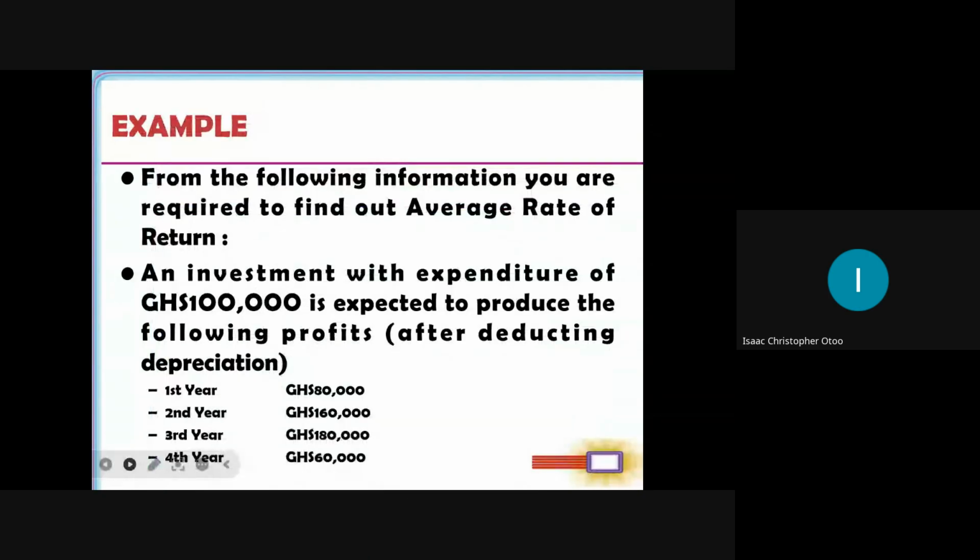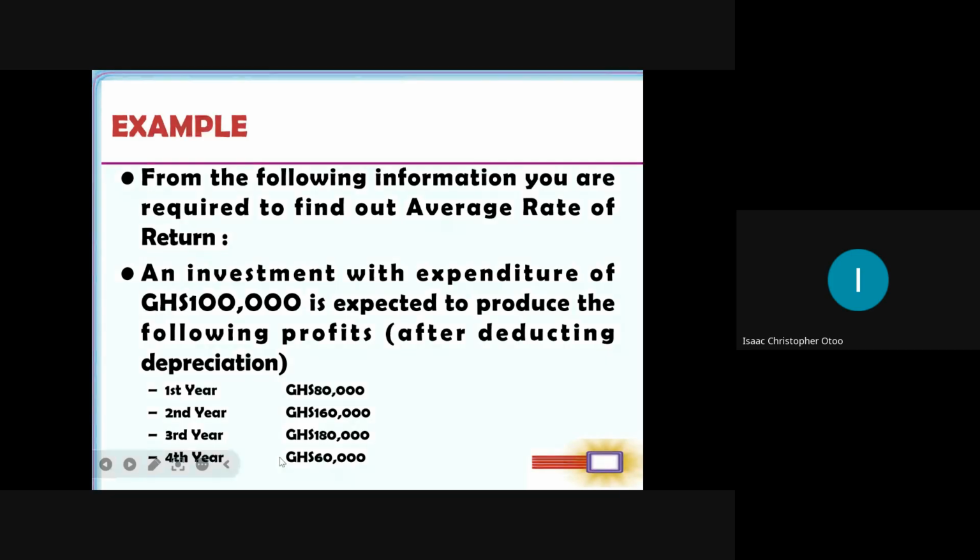So let's look at this question. You can use your phone to take a picture of it. From the following information, you are required to find out the average rate of return. So let's see the years' profits and find the average of that. An investment with expenditure of 100,000, so this is the original investment cost, is expected to produce the following profits after deducting depreciation. So they say that depreciation has already been deducted.